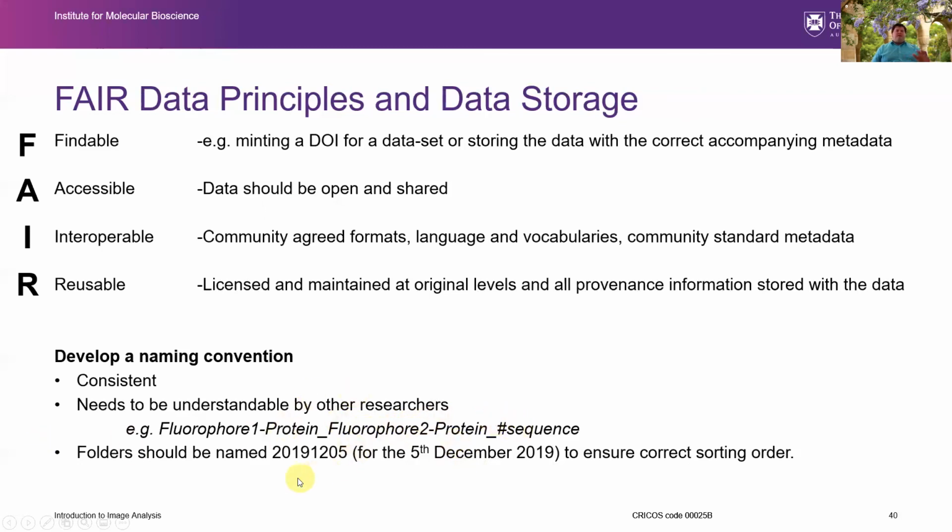When you put all this information in a folder, it should be written in the format of year, month, day, so that it becomes easy to sort. If you're doing a PhD over multiple years, you don't want all your stuff from January at the top, and then all your stuff from February below that. You want it the other way so that over the years, it all sorts out nicely.